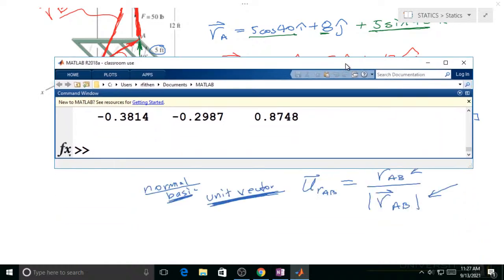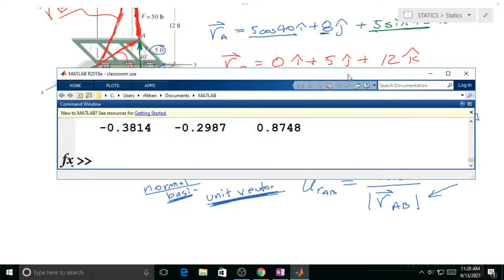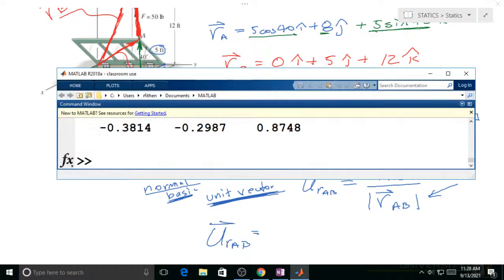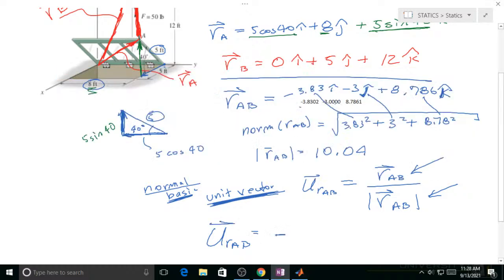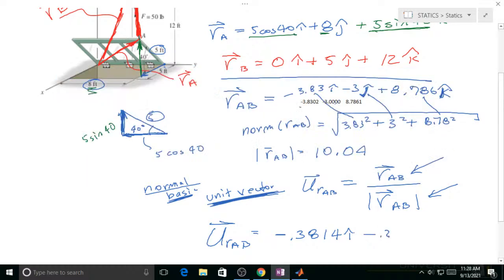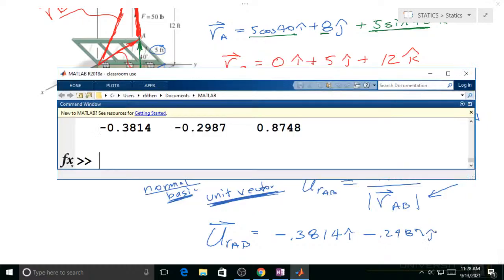It's not a touch screen, so I have to move it out of the way. So the unit vector is minus 0.3814i minus 0.2987j. Was it 87? Yeah. And then 0.8748k, I can't remember. It's a plus.